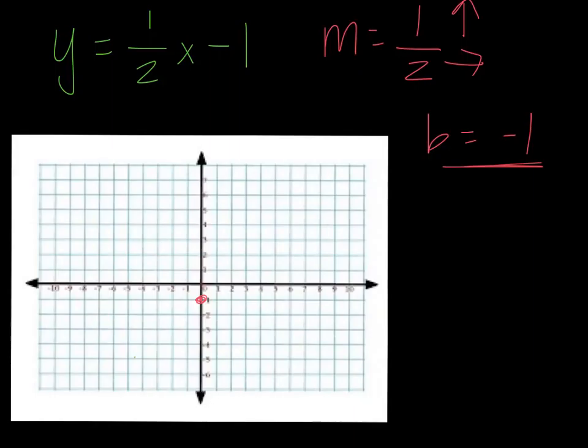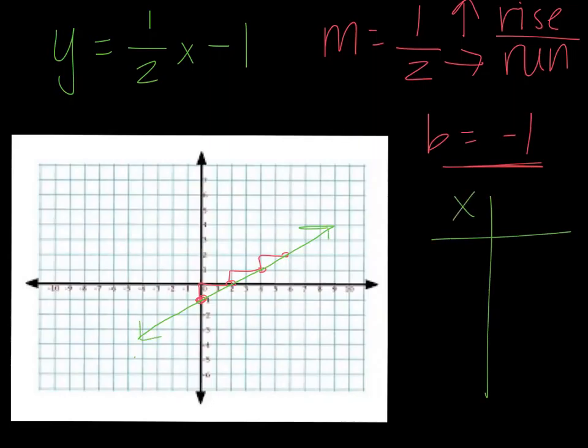Our rise is 1, so that means we go up or down, and our run is 2. So we're going to go up 1 over 2, up 1 over 2, up 1 over 2. And then we still connect our lines.